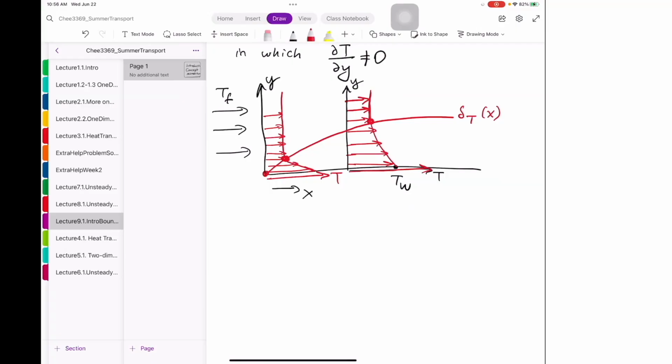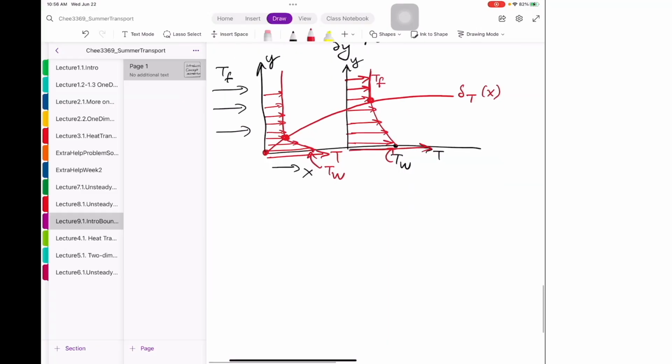So this is the temperature of Tf. Okay, so this is at the temperature of Tw. This is also Tw in the new axis. Okay, any question about this figure?